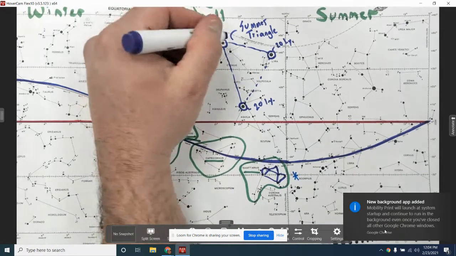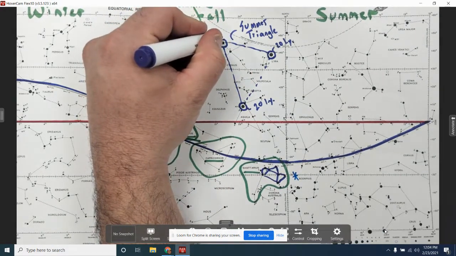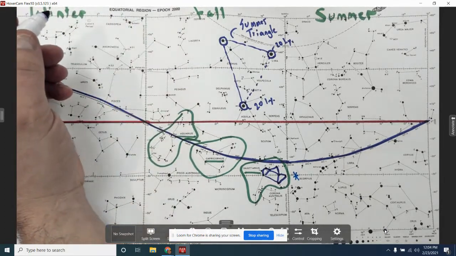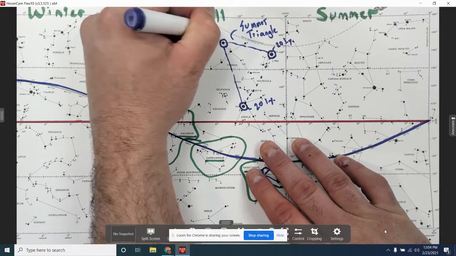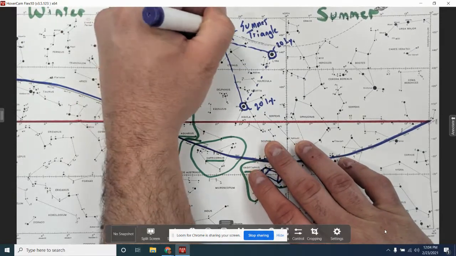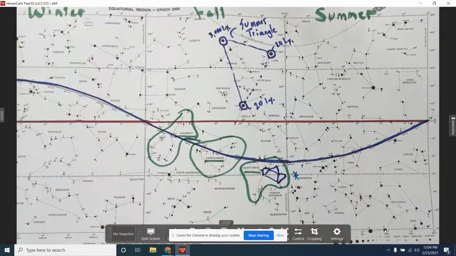It's this one up here that is especially astounding. All right, Deneb. Deneb is 3,000 light years away. 3,000 light years away. Folks, that's insanely far away.